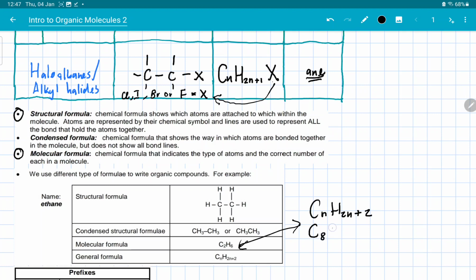So here it will be C2H2 times 2 plus 2. That's C2H, then 2 times 2 is 4, 4 plus 2 is 6. Hence C2H6, because we are getting it from the general formula. So that's the example there.